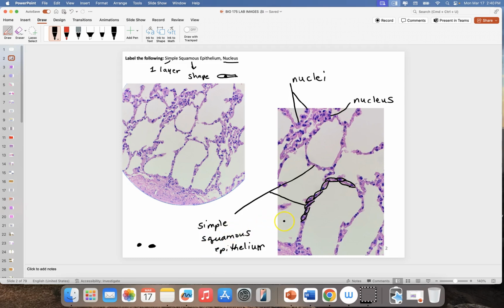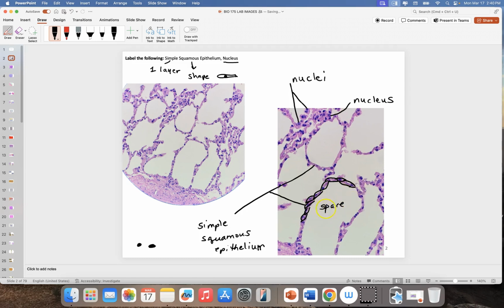Another trick when we're looking at a slide and trying to find the epithelium is the epithelium is always going to face some sort of space, or sometimes it's called the free surface. Here we can see inside one of the alveoli of the lungs, so an alveolus. So this one circular structure would be an alveolus.